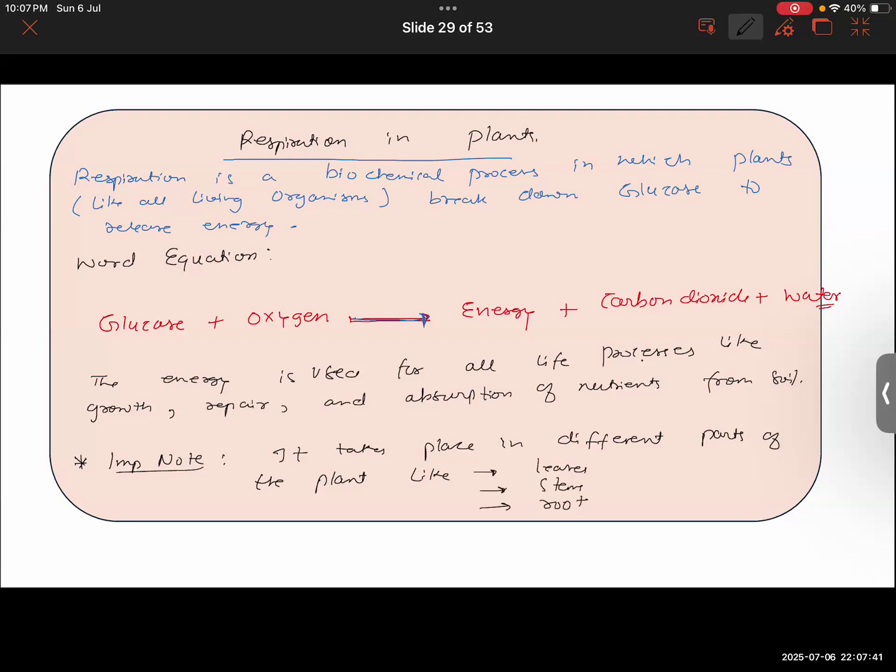Good. One more important thing: in these three parts of the plant the respiration will happen, right? Majorly these are the three different parts. Now we don't need to go into much detail. This much is sufficient.